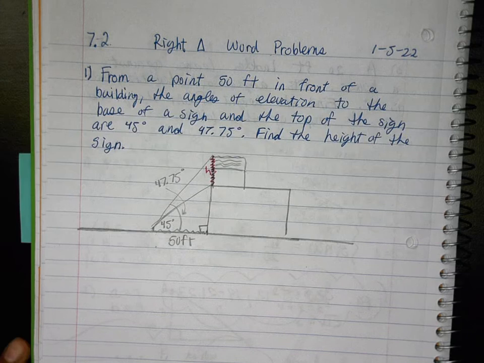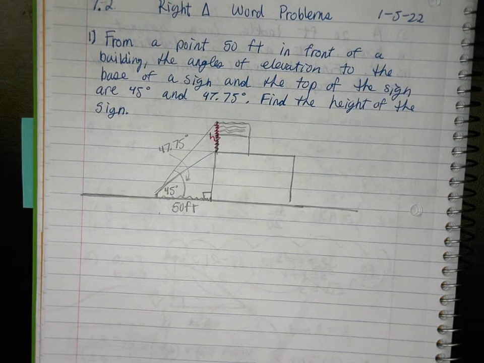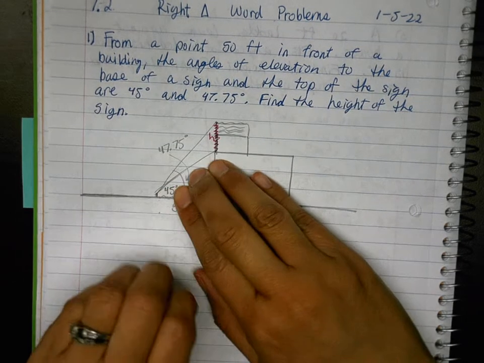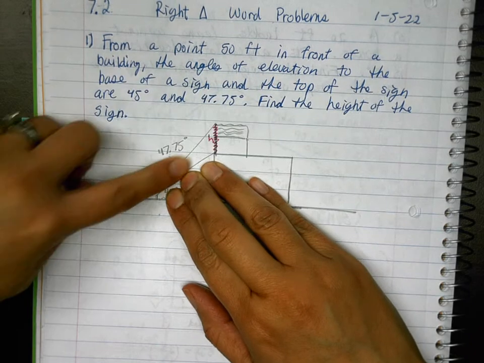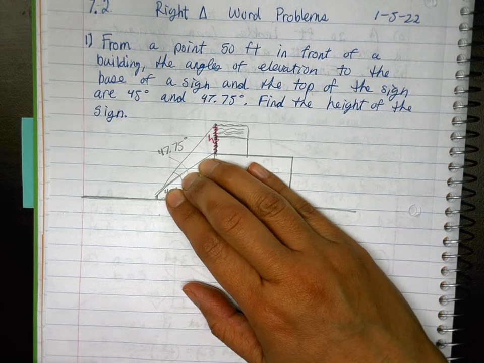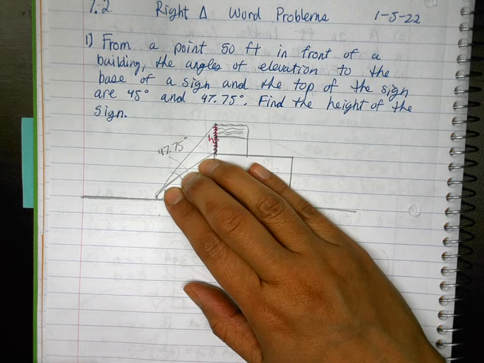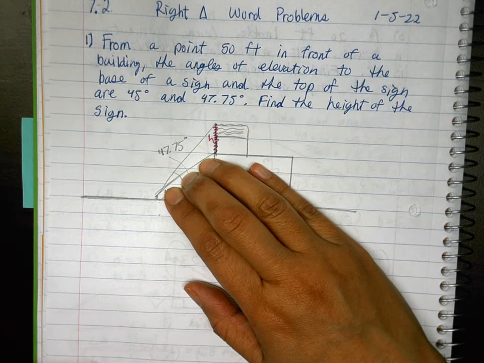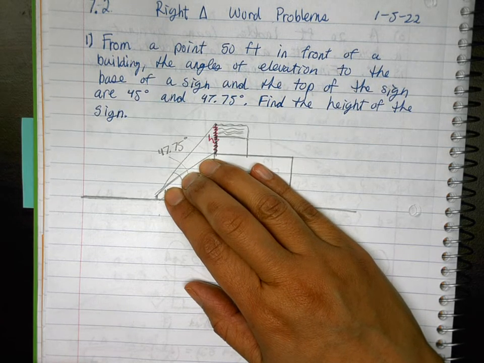All right, so we're working with right triangles here still. In our second lesson for the day, 7.3, we will not be working with right triangles, but for this lesson we are. Now, it would be really nice to just work with that wonky non-right triangle and find h. But it's not a right triangle, and because it's not a right triangle, we don't have the tools.